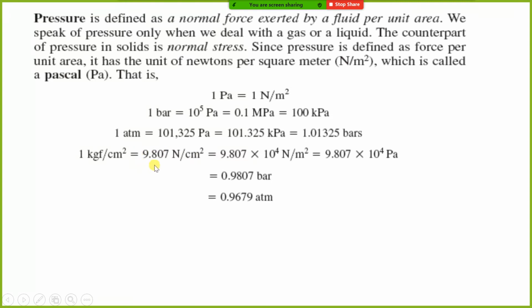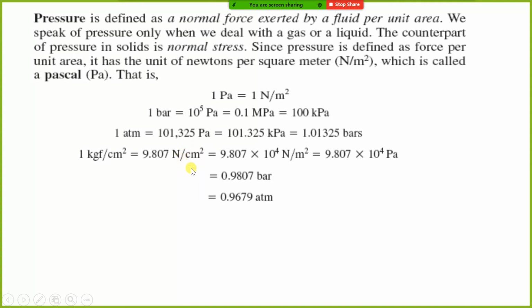What we are doing is multiplying 1 with 9.8. Since it is a force, we have to multiply it with the acceleration due to gravity. Therefore it will be 9.81 or 9.807 Newton per centimeter square.